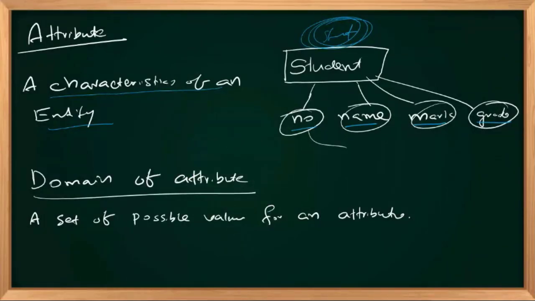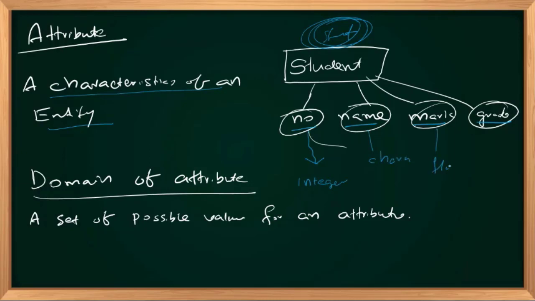Then what is the domain of an attribute? The domain of an attribute is the permitted set of possible values of an attribute. What does possible or permitted value mean? Number consists of only integers. Name consists of characters.